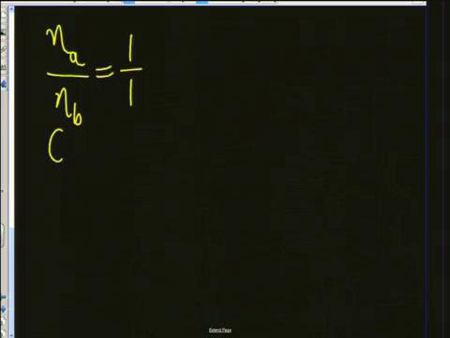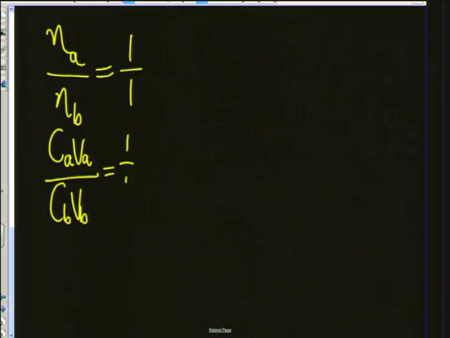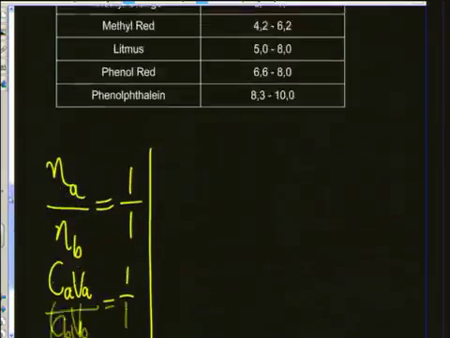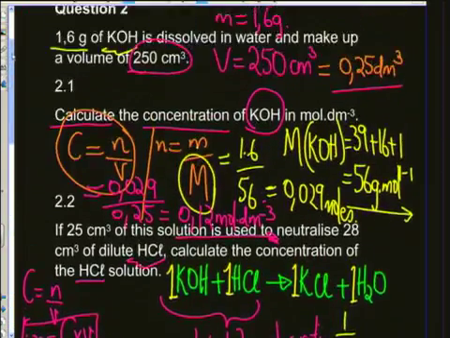Now, the number of moles of the acid is the concentration of the acid times the volume of the acid. The number of moles of the base is the concentration of the base times the volume of the base, and that should be 1 over 1.